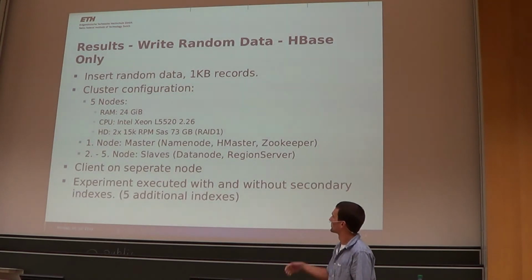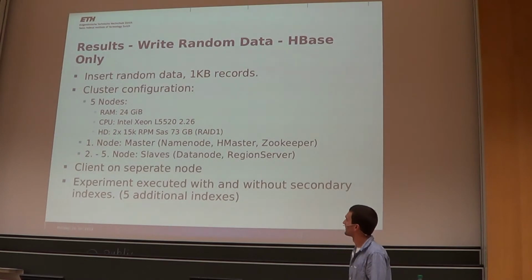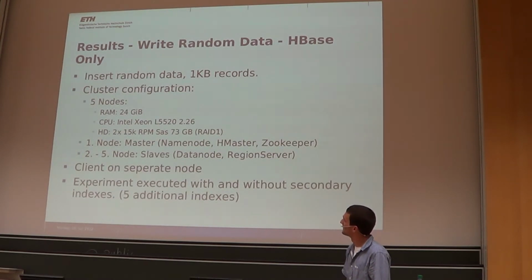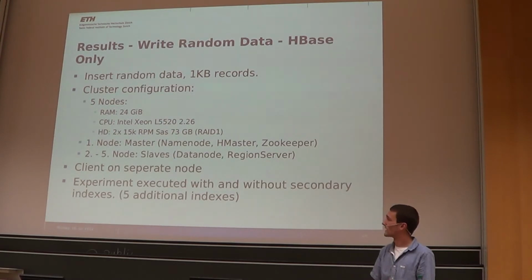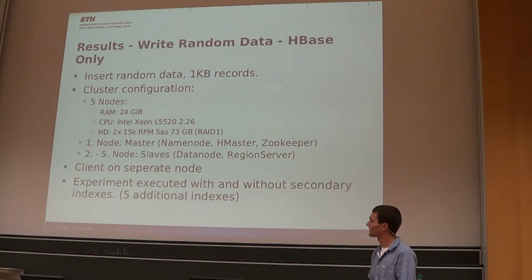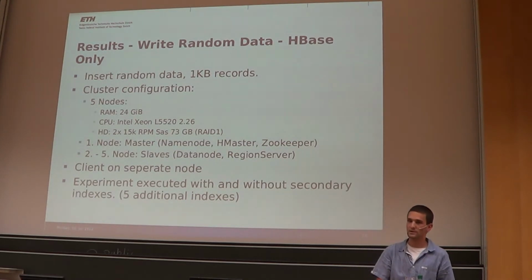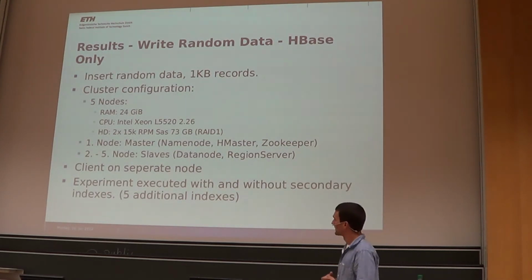And so, just to give you some results, I have used a 5-node cluster, where one node is the master and the others are slaves. I inserted just random data, 1 kilobyte each record, and once I did it with secondary indexes and once without.